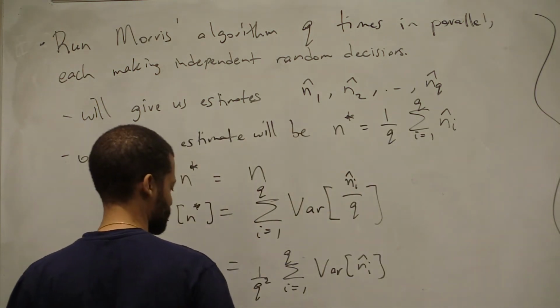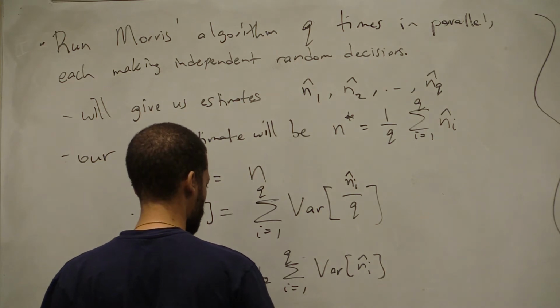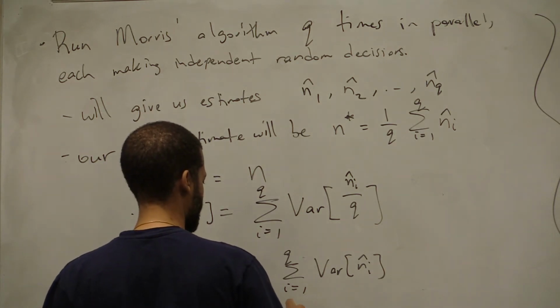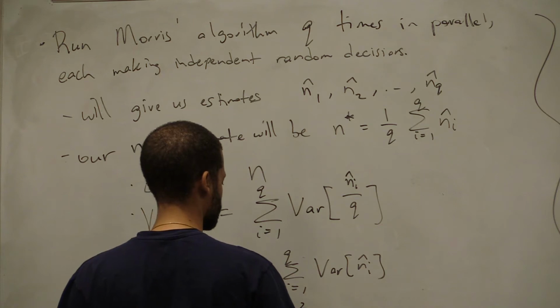So that's at most n squared over 2q squared.